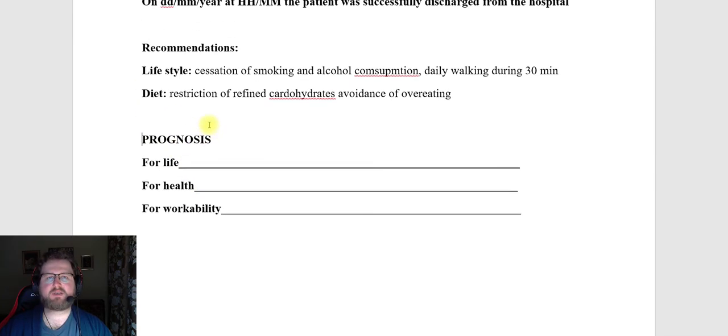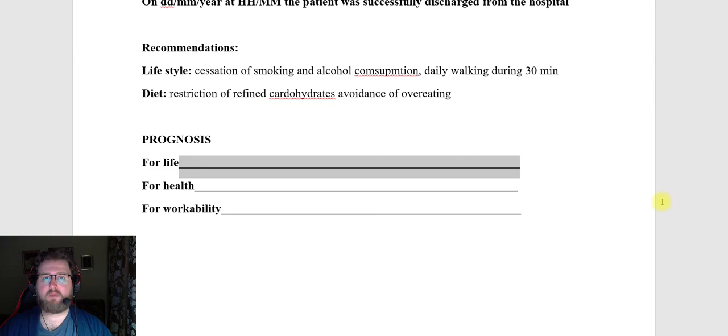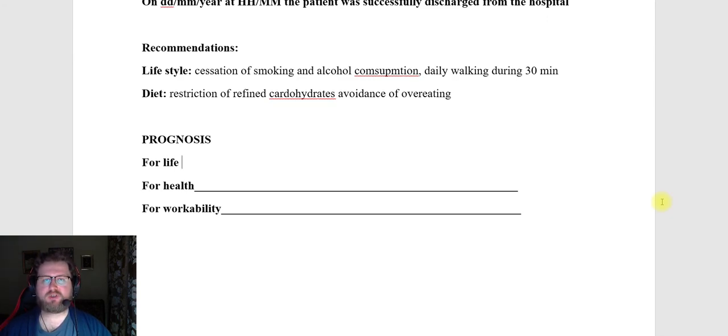It means that you have to point out some probable patient's disabilities or further healthcare problems which might be directly related to the treatment you've given him. So, prognosis for life for those patients, nothing average.